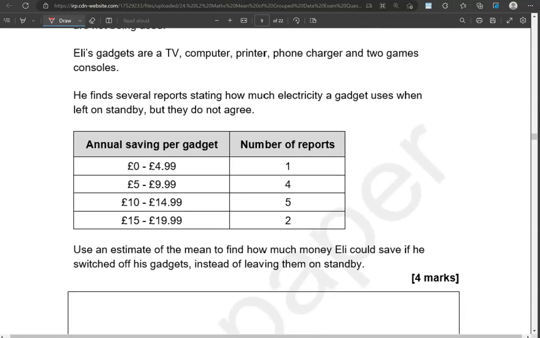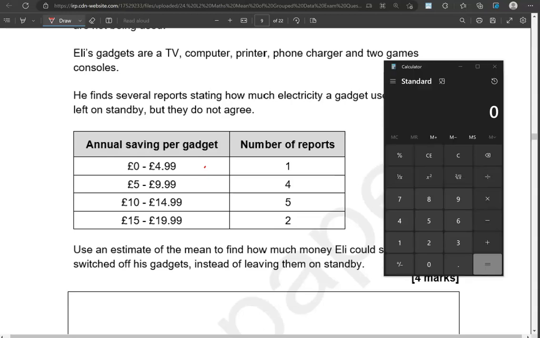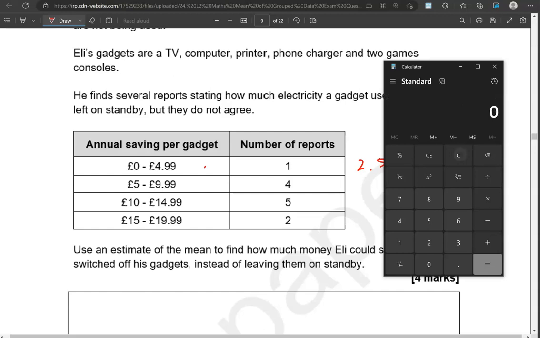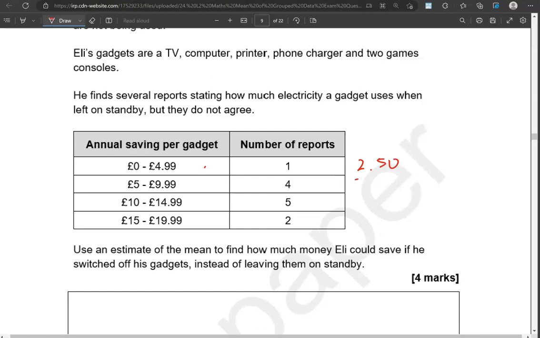So we're going to estimate the mean, and we need to start with the midpoints. So what is the midpoint between 0 and £4.99? So we do 0 add £4.99, which is £4.99, divided by 2 gives us £2.50. The midpoint between 5 and 9.99, so 5 add 9.99 divided by 2 gives us £7.50.